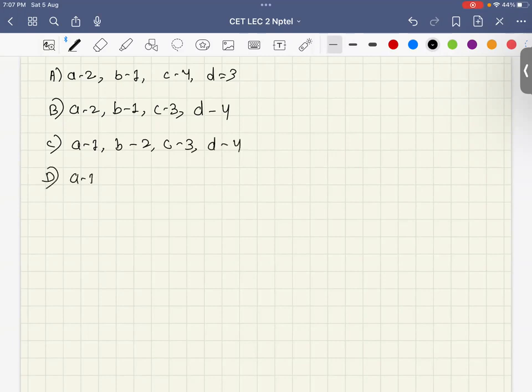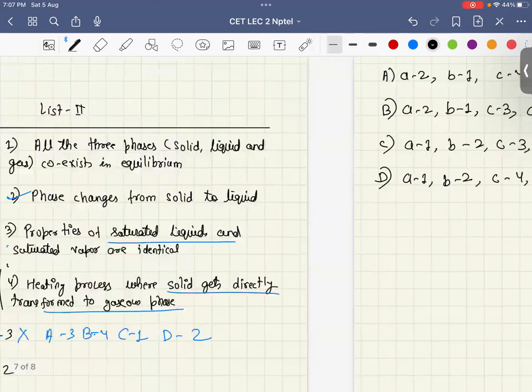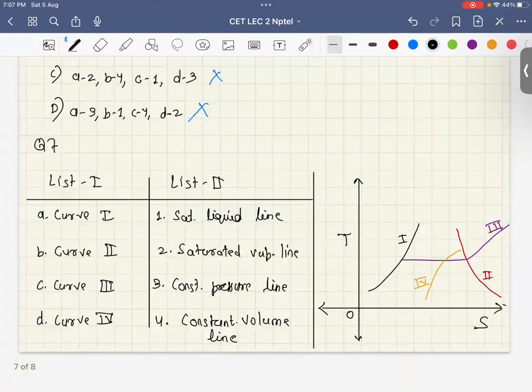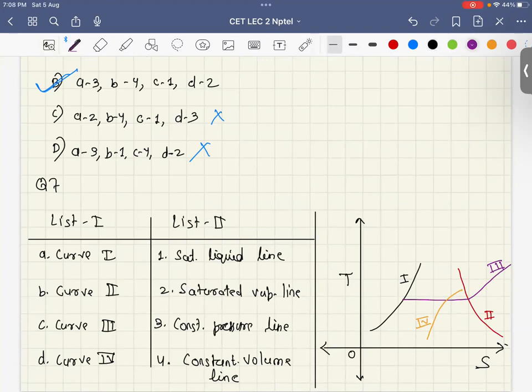And option D, A is 1, B is 2, C is 4, D is 3. Right? So based on this, you have to check which of the following the first curve is, the second curve, similarly the third curve and fourth curve. I'll give you a couple of minutes to write this down. It's a homework question which you can try, and we can discuss it in the next one.